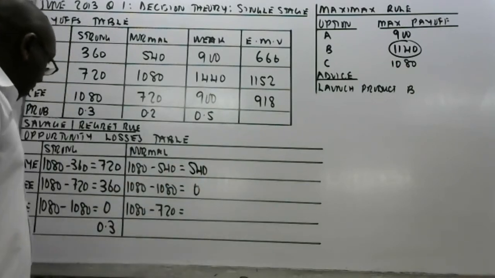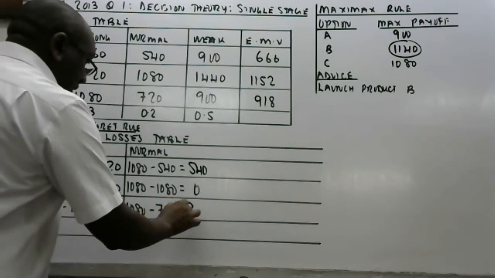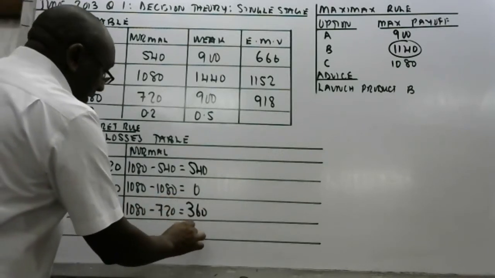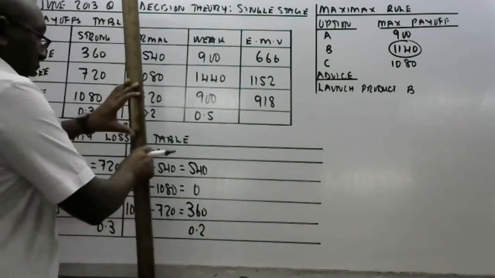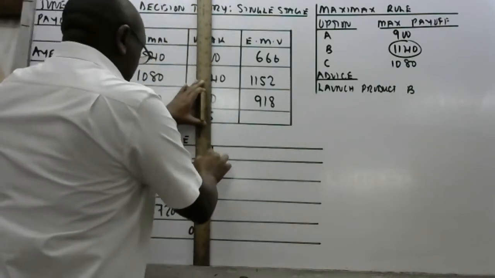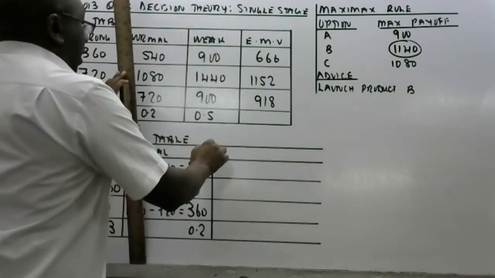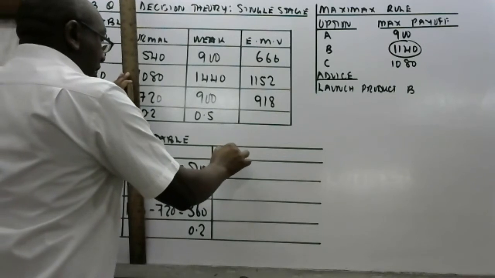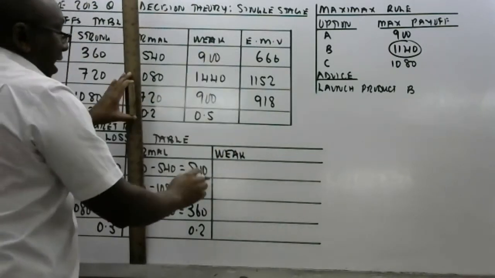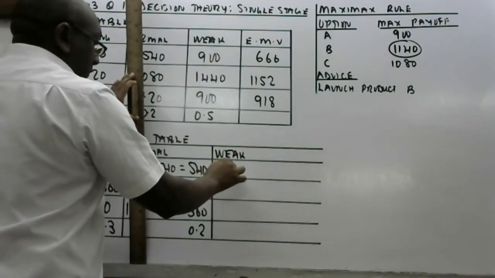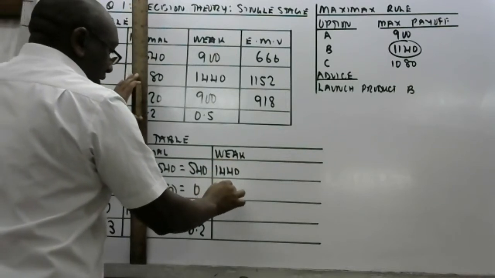Then this must be 360. And the probability is 0.2. Then for weak, the highest there is 1440.